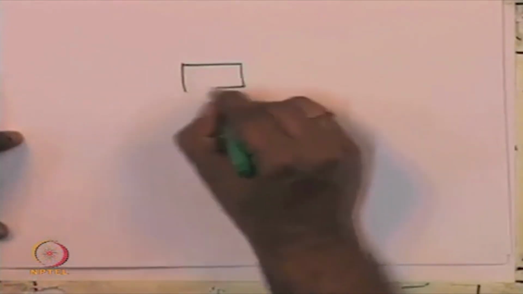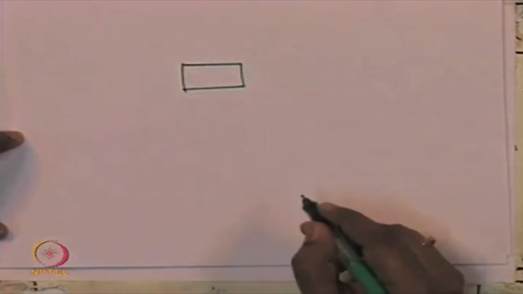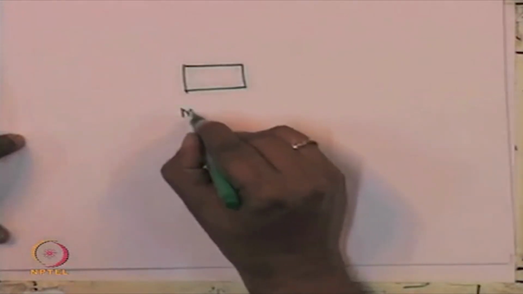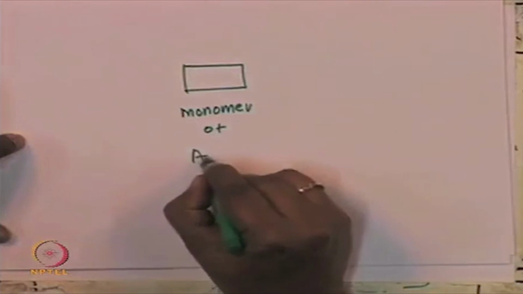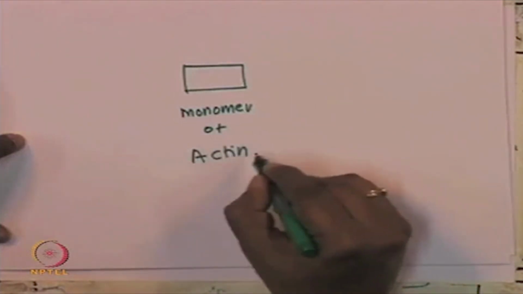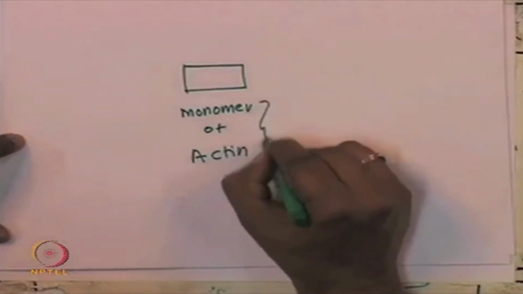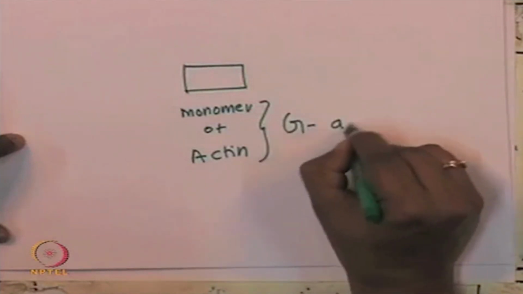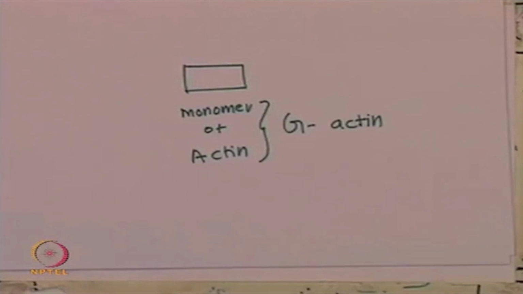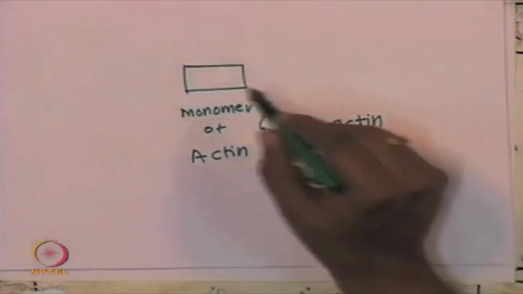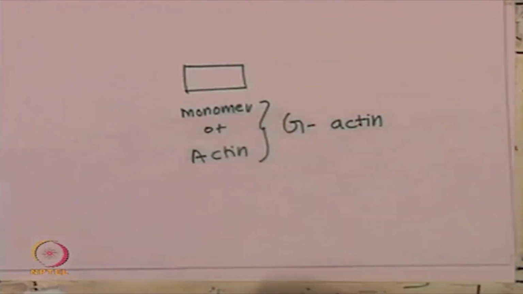So, let us quickly represent it here. For simplicity, I will represent a monomer by this block. So, this is a monomer of actin. The monomer of actin is called G actin, sometimes globular actin, and this monomer polymerizes and becomes a long polymer.